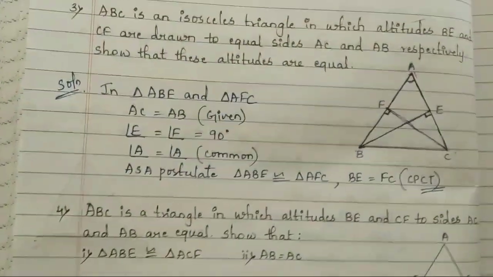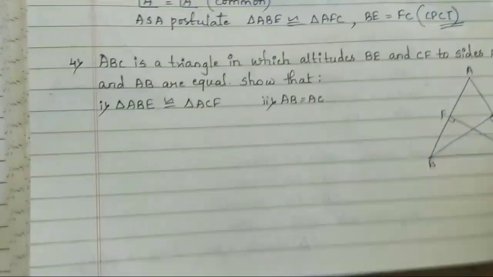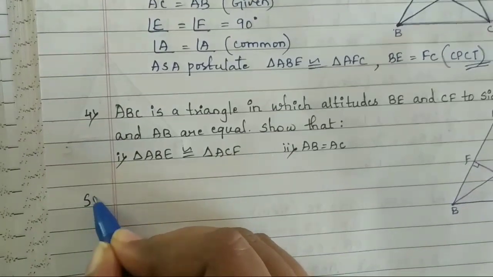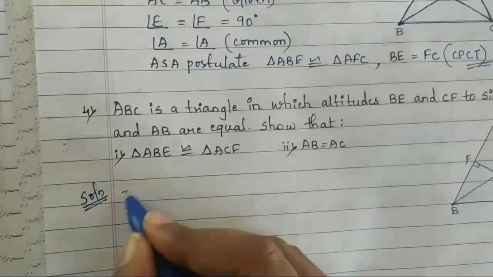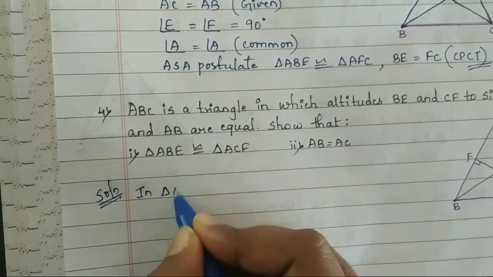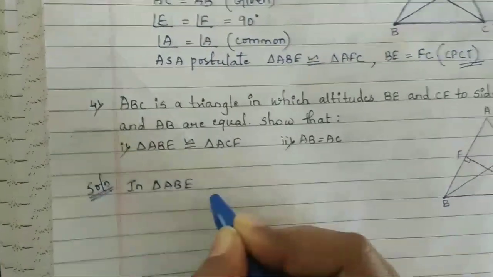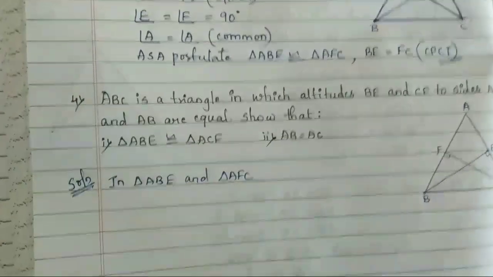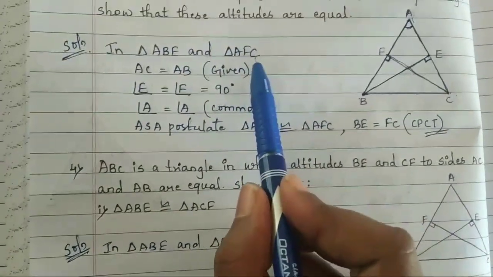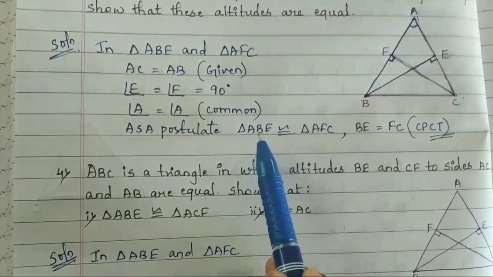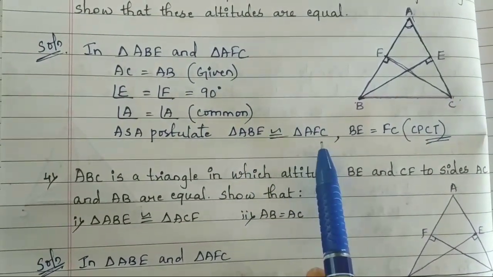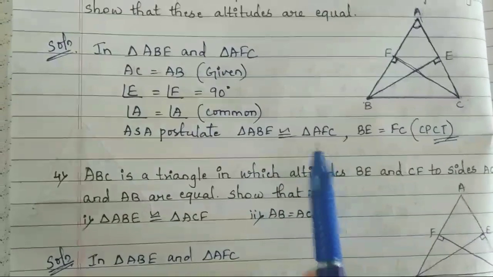So here the similar thing we can write. In triangle ABE and triangle AFC, the same thing which we have already proved, that ABE is congruent to AFC, both the triangles are congruent.